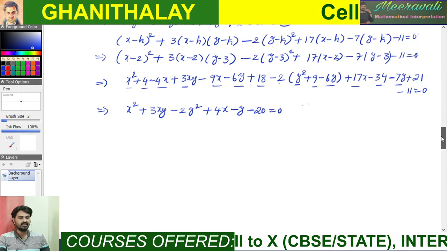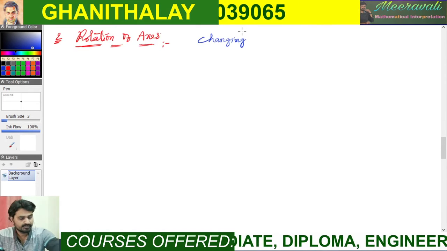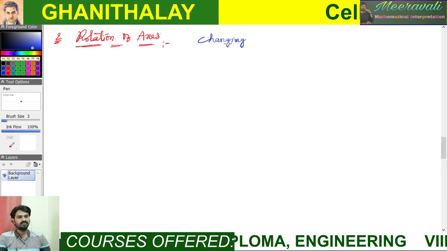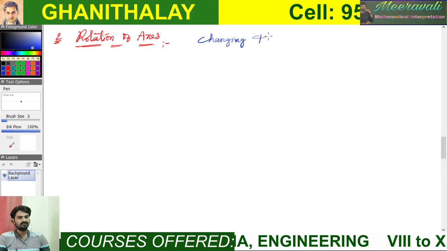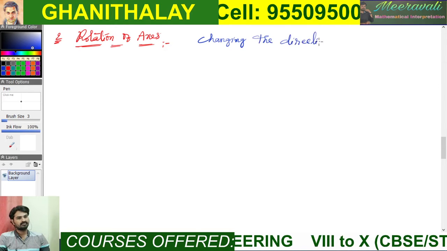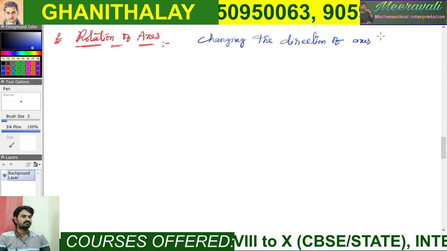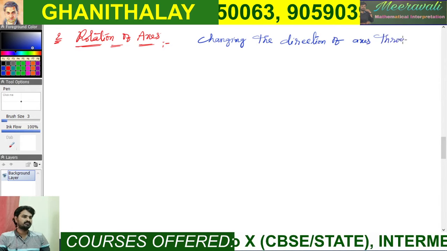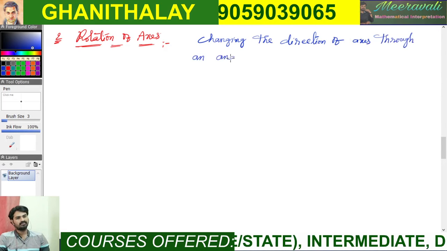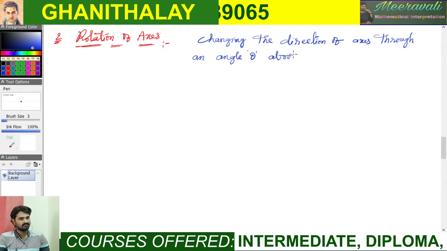Okay students, next one, rotation of axis. Now this is a transformation obtained by changing the direction of axis through an angle theta about the origin.